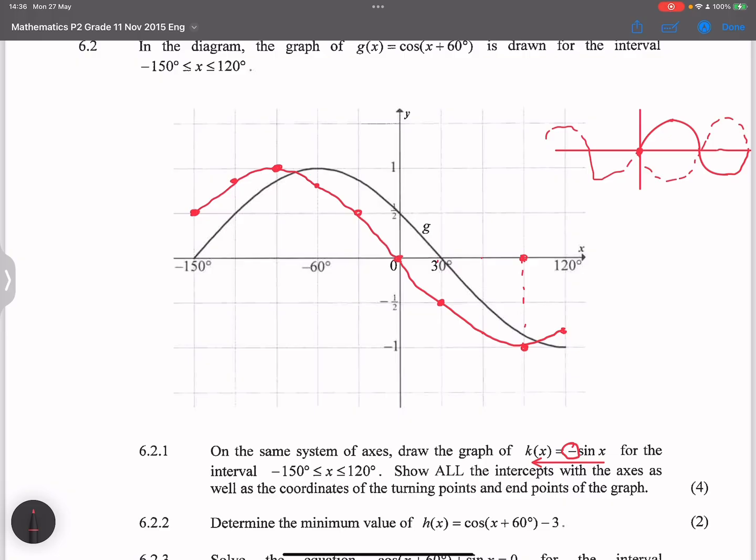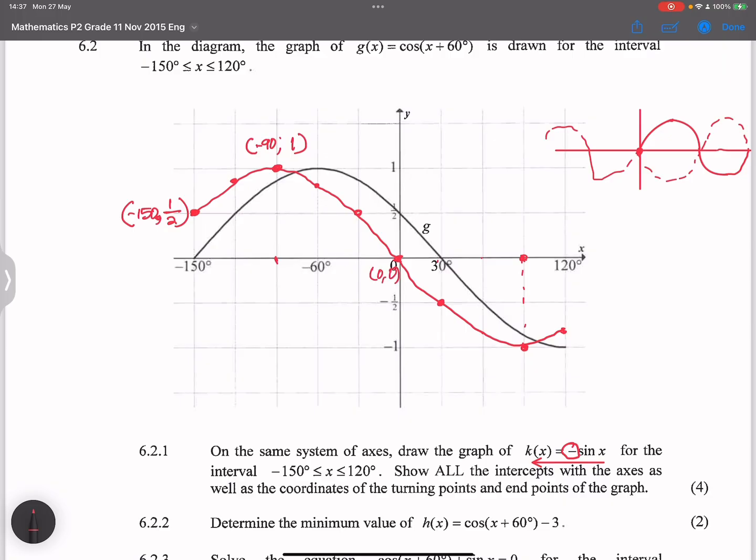Right, so let's just label our turning points first. So I know this is going to be negative 90 and 1. Okay, and I know here I would have negative 150 and 1 over 2. Okay, and they said the intercepts, this would be 0 and 0.